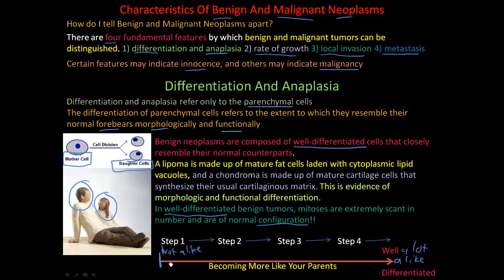Through time, you can become more like your parents as you age and mature. Well, in mother cells and daughter cells, and in cancers, how well do the daughter cells, or the cells that got replicated, look like the mother cell? In benign neoplasms, they're differentiated. They look a lot like the mother cell.